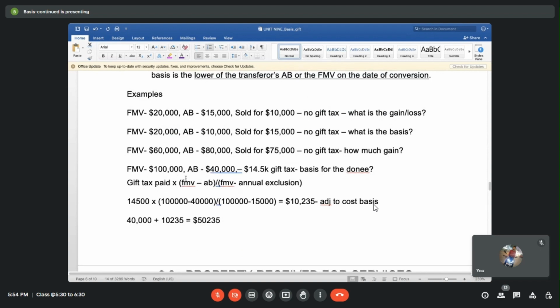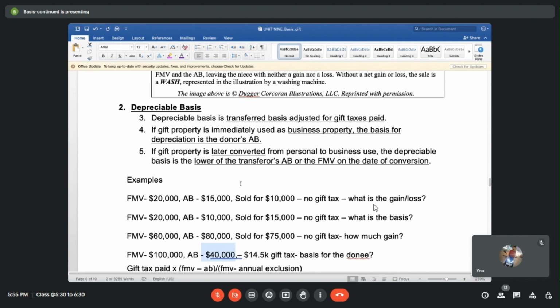Now, if the property is getting sold at 120,000, greater than FMV, greater than basis, then is it a loss or a gain? Obviously it is a gain. Comparing all the numbers, it is getting sold at the highest price, so obviously it is a gain. But how much would the gain be? It will be taken on the donor's basis.